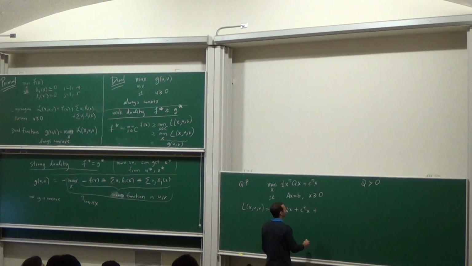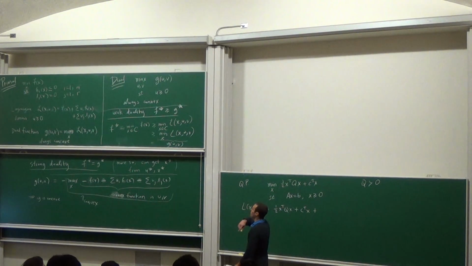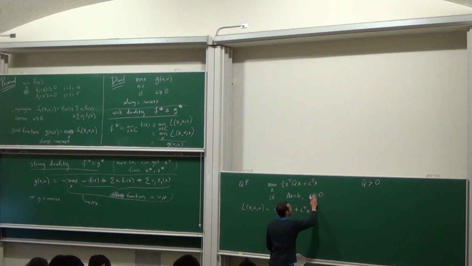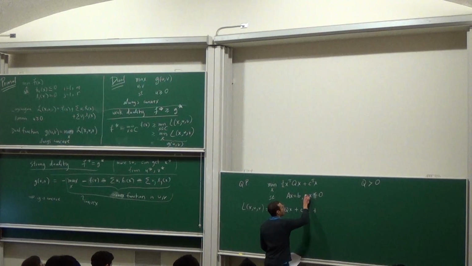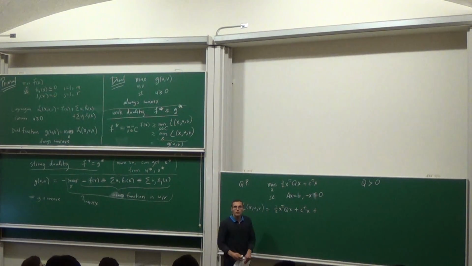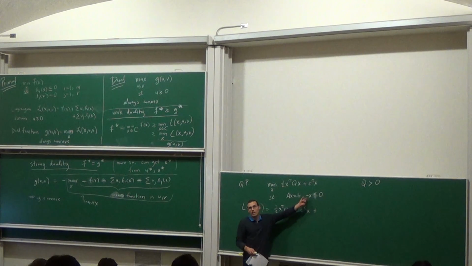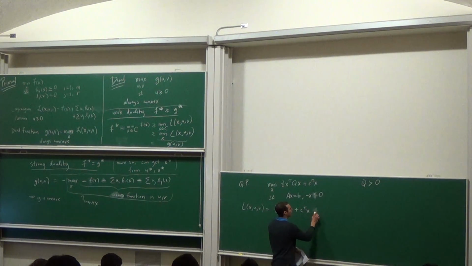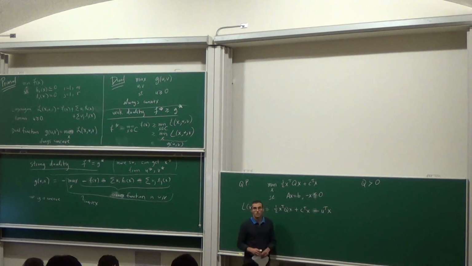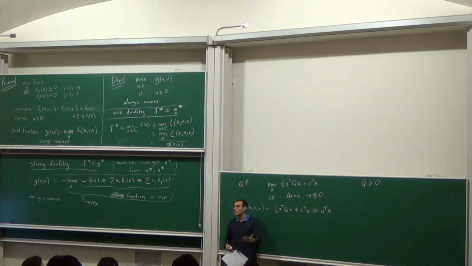The inequality constraints up there were in the form h_i of x less than or equal to 0. So I'm going to just write this as minus x less than or equal to 0. Each of my inequality functions gives me a component of x, like h_i of x is minus x_i. So that becomes minus u transpose x, right? That's the sum of h_i times u_i.